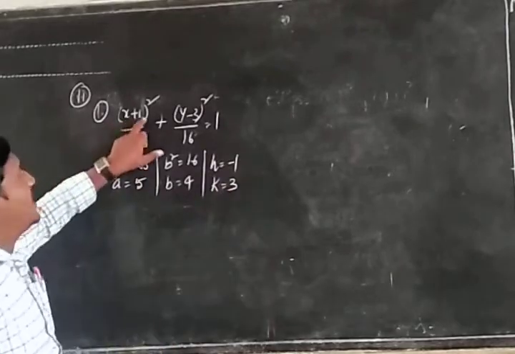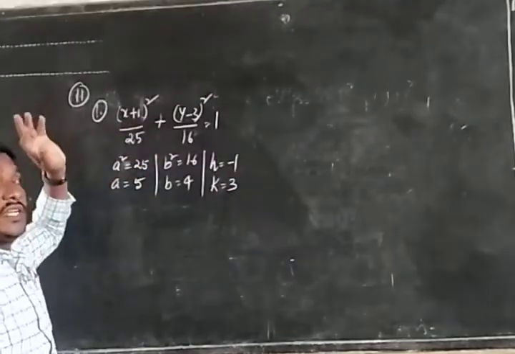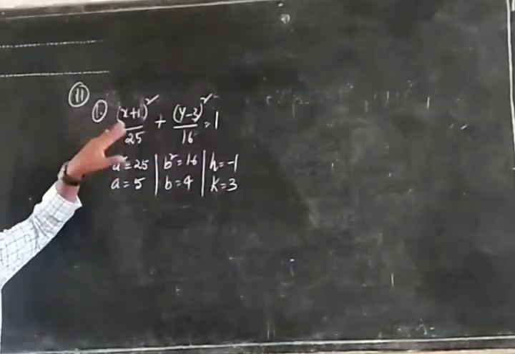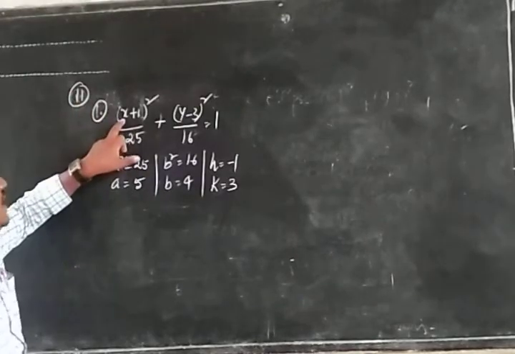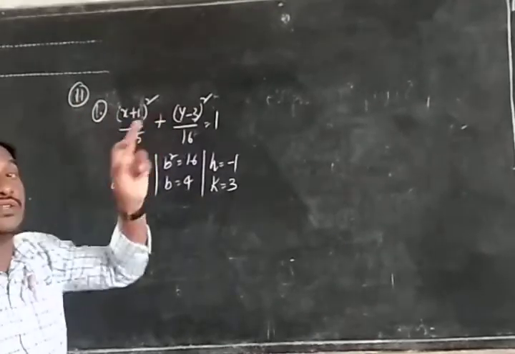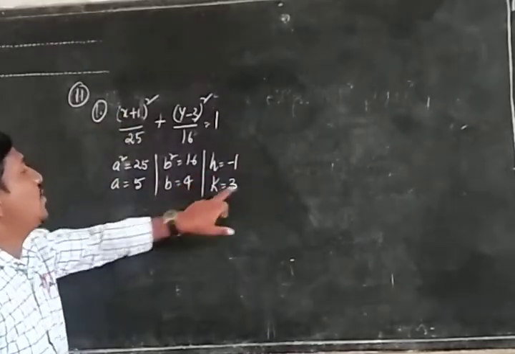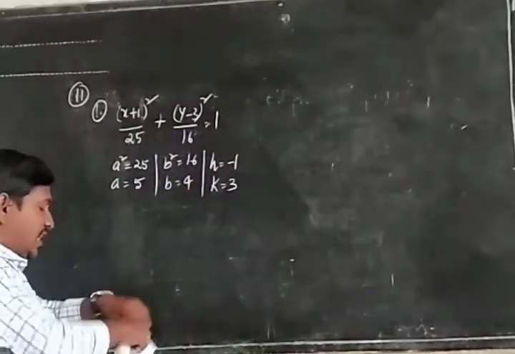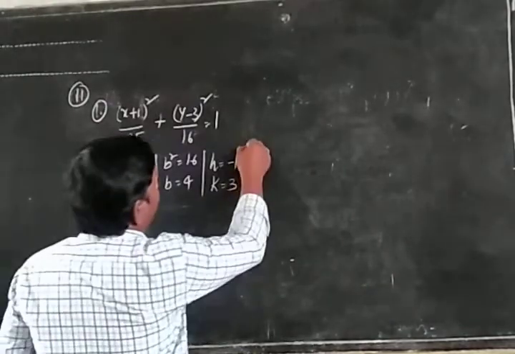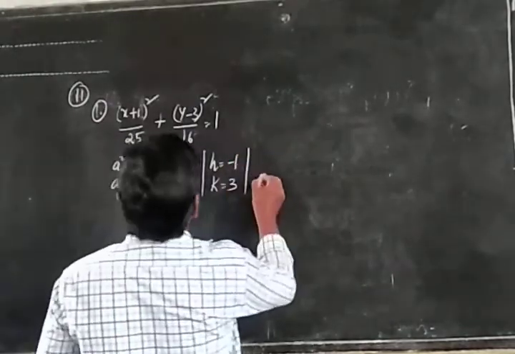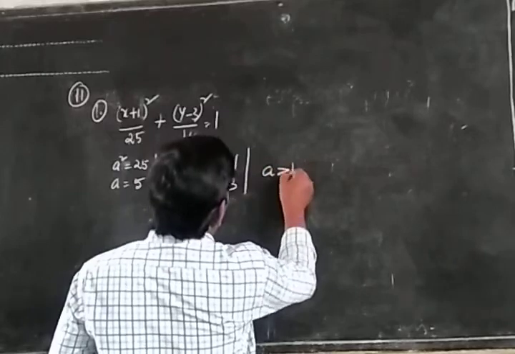Why? Because in the general standard form it is x minus h, so x minus of minus 1, minus into minus plus 1. That's why h equal to minus 1, k equal to 3. Now what is asked here? Another important point, here a greater than b.